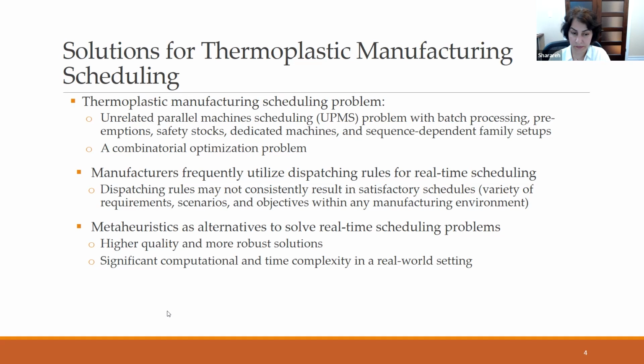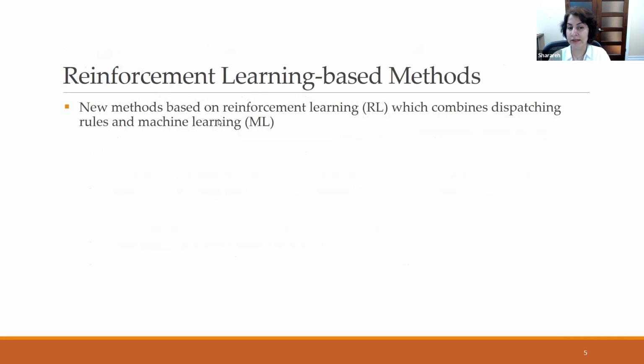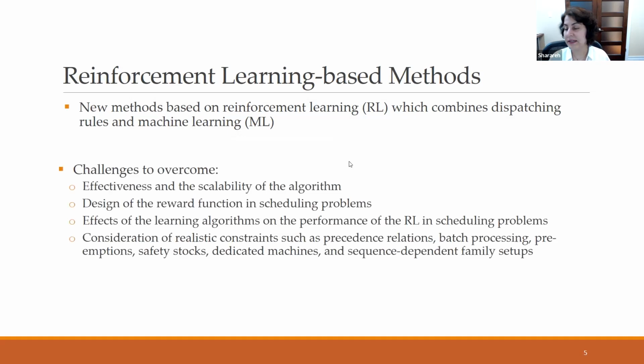As an alternative, we can now see a shift towards developing reinforcement learning based methods, in which both dispatching rules and machine learning have been combined. But even with this kind of methodology, there are still challenges we need to overcome.